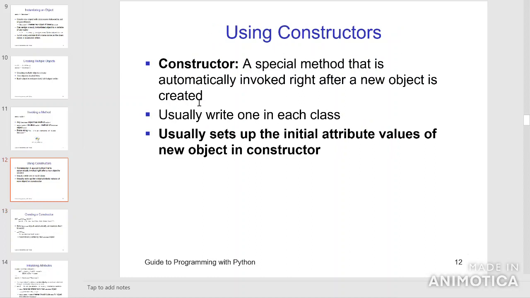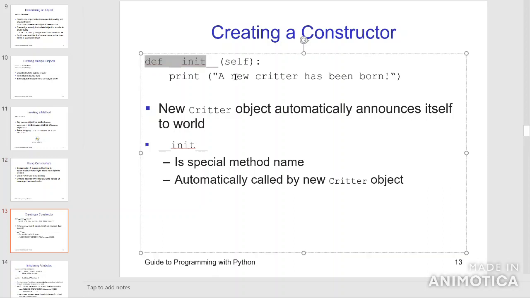Usually you write 1 constructor in each class, and usually you set up the initial attribute values of the new object in the constructor. Okay, so we usually use the constructor to initialize the attribute values for the object. This is an example, and like other methods, you have to have self as the first parameter.